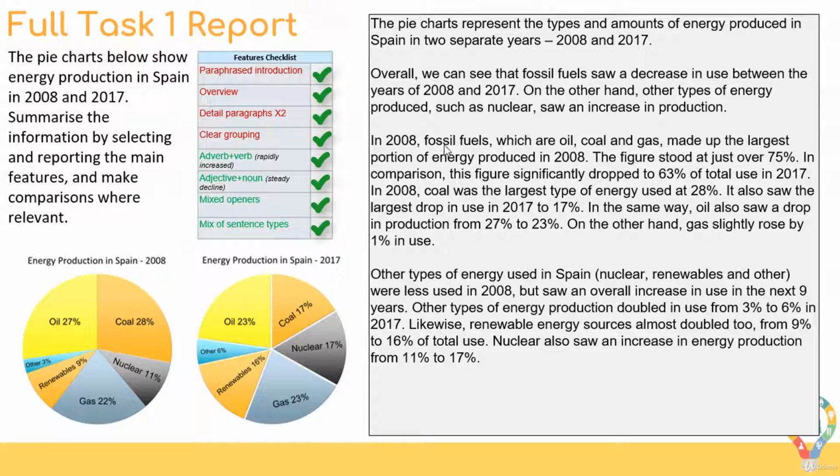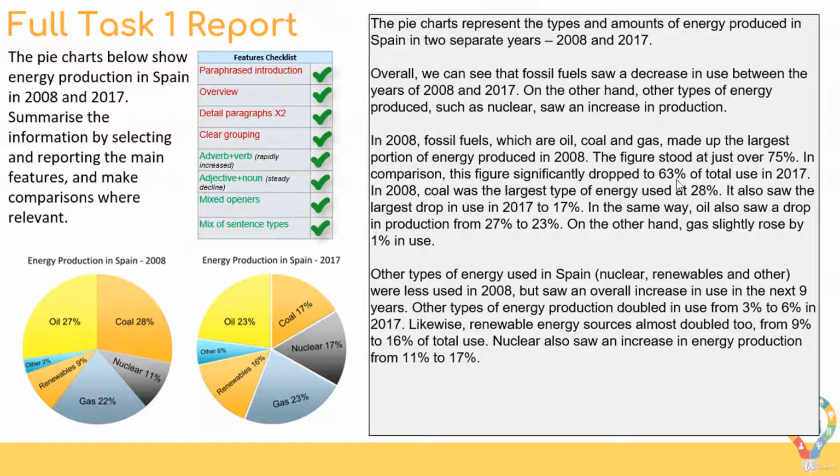In 2008, fossil fuels, which are oil, coal and gas, made up the largest portion of energy produced in 2008. The figure stood at just over 75%. In comparison, this figure significantly dropped to 63% of total use in 2017. In 2008, coal was the largest type of energy used at 28%.